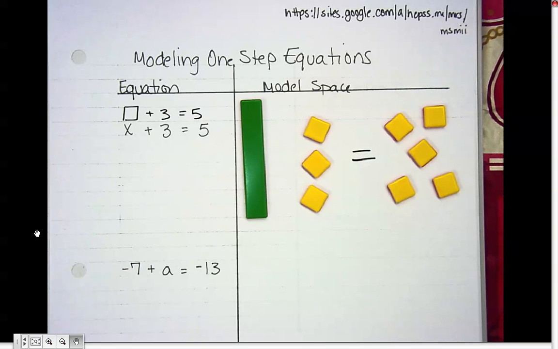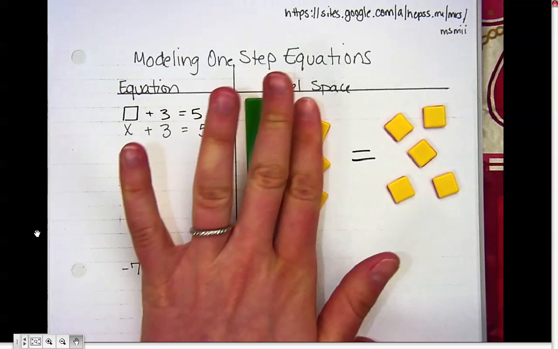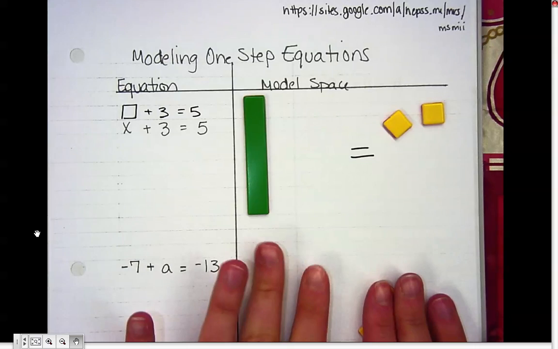And what did they tell you to do if you didn't know what this was? They told you to do the opposite operation. They said work backwards, subtract. So we're going to do that same thing here. Our goal is to isolate our x value. So I'm going to get rid of it by taking away 3 here and taking away 3 here.